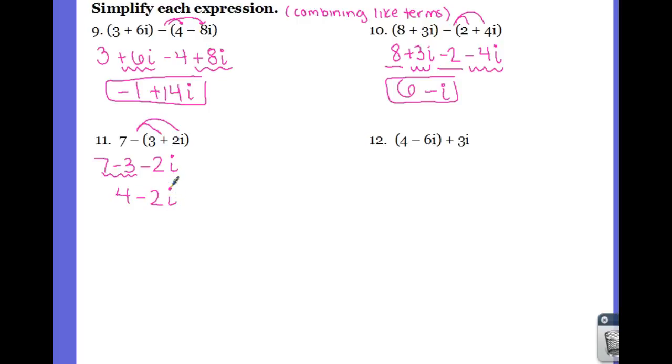You can pull a GCF from these. So if it said something like factor or find the GCF, you can still pull away a 2. So you could rewrite it as 2 times 2 minus i. You can pull GCFs from these. So all those properties that we've already talked about, everything we already know, doesn't change.